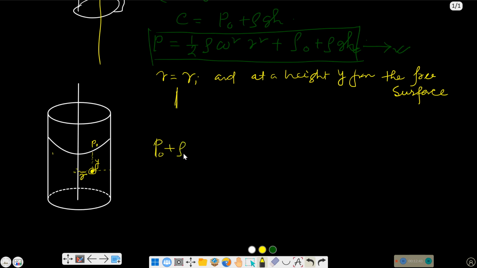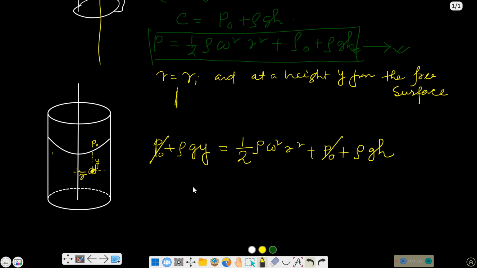P naught plus rho g y, and this will be equal to half rho omega square r square plus P naught plus rho g h. So from this, P naught gets cancelled.